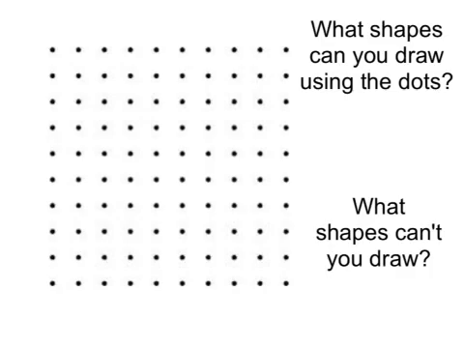Okay, here's a little challenge for you. What shapes could I draw using this dotted paper? And the second question is, what shapes can't I draw? So let's think about the shapes that we've learnt about so far. We've learnt about a square, which has all sides the same length.